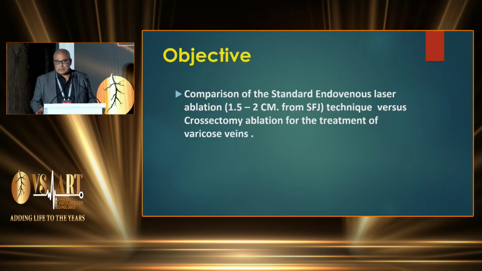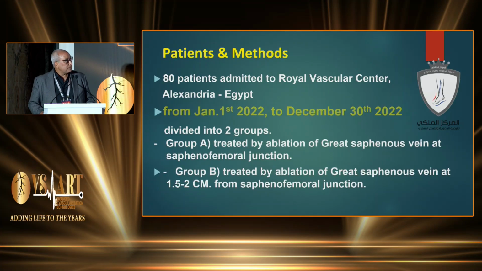This was the hypothesis of our series, and the objective of our trial was to compare the standard endovascular laser ablation, 1.5 to 2 centimeters from the saphenofemoral junction, to ablation of the great saphenous vein at the 0 point, exactly at the saphenofemoral junction. We had 80 patients admitted to the Royal Vascular Center from January 1st, 2022 to December 30, 2022, divided into 2 groups.